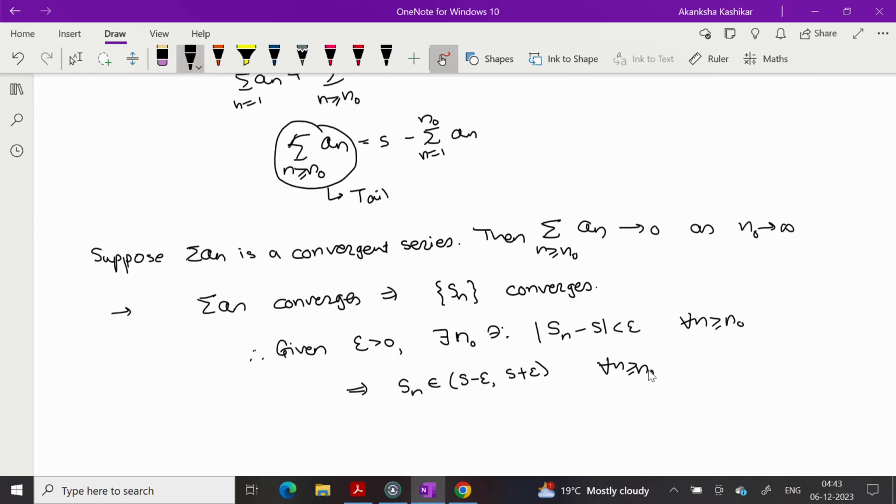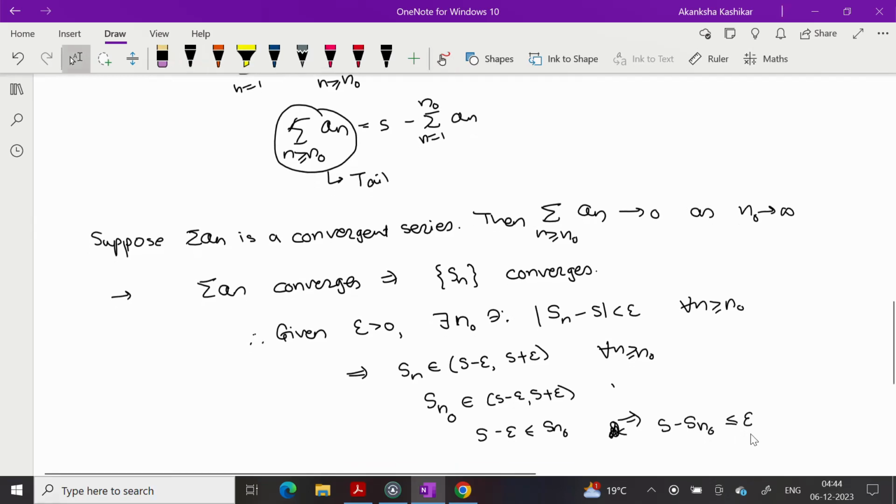Okay, in particular Sn naught also belongs to (s minus epsilon, s plus epsilon), which means that s minus epsilon is less than or equal to Sn naught, and this would imply that s minus Sn naught is less than or equal to epsilon.